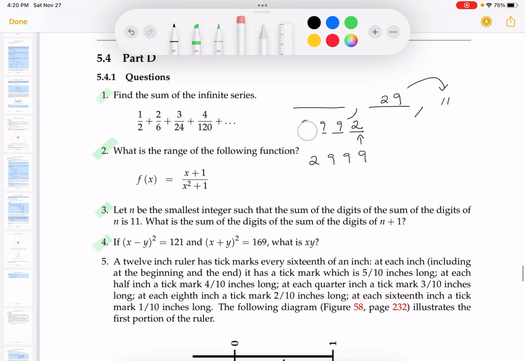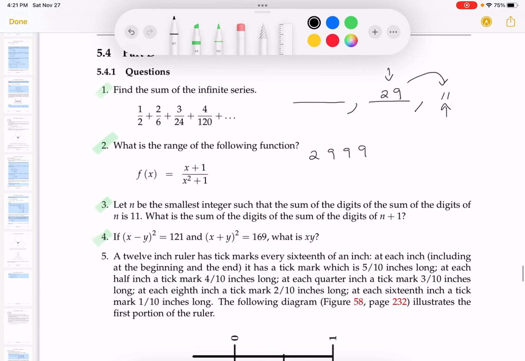Let me erase this up here. All right, let me take a look at it. I'm claiming that's the number. That's the smallest number I could find where the sum of those digits, 9 plus 9 plus 9 is 27, plus 2, 29, would give me the 29. And the sum of 29 would give me the 11.